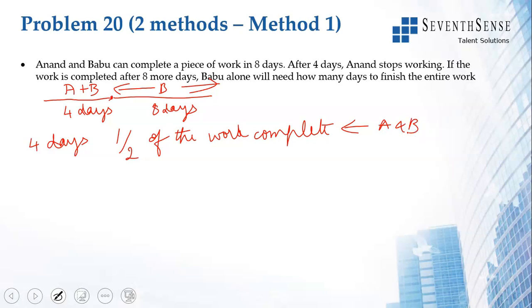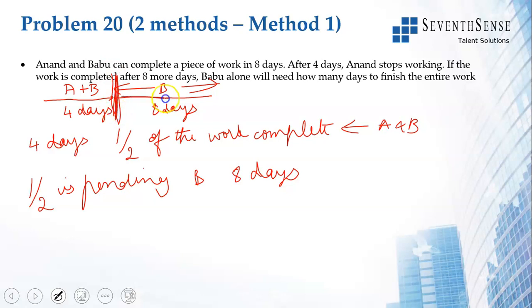Half work is done, so half is pending. For the second half of the work, B needs 8 more days. So for half of the work, if B needs 8 days, for the full work, B needs 16 days.